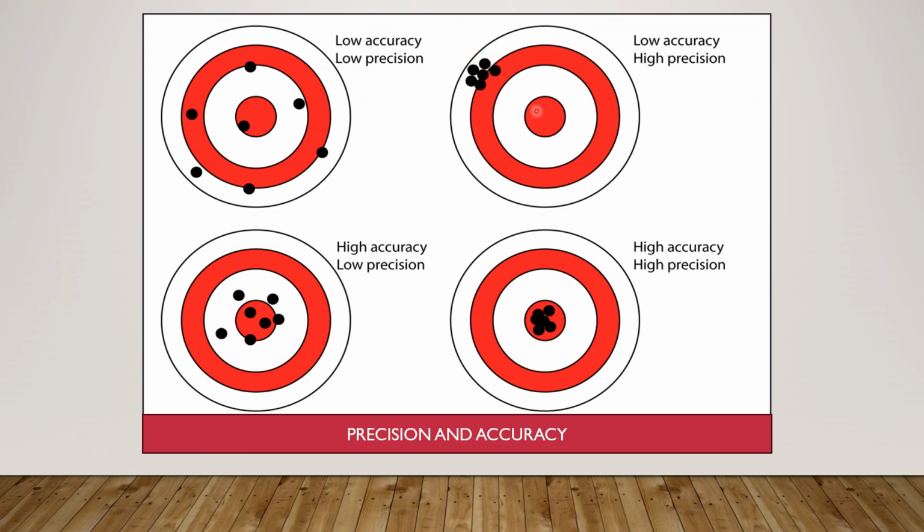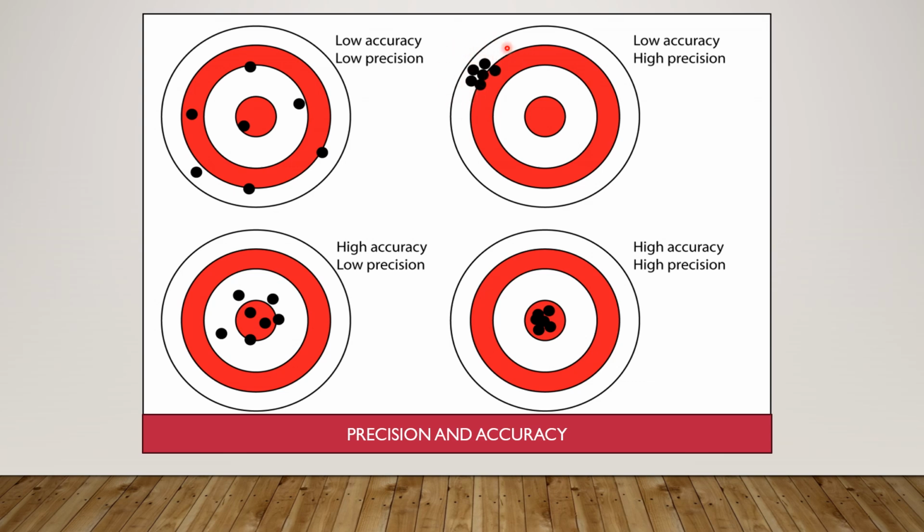So here you can see it. The actual value is here in the center, but in the picture, all the values which the technicians have obtained are close to each other, but they are quite away from the actual true value. So the precision is there because reproducibility of the result is there.